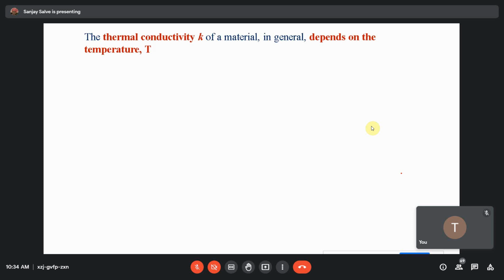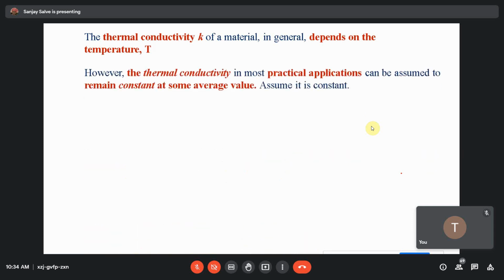So here the same concept: thermal conductivity k of material in general depends on temperature T, but in most practical applications it can be assumed to remain constant at some average value.